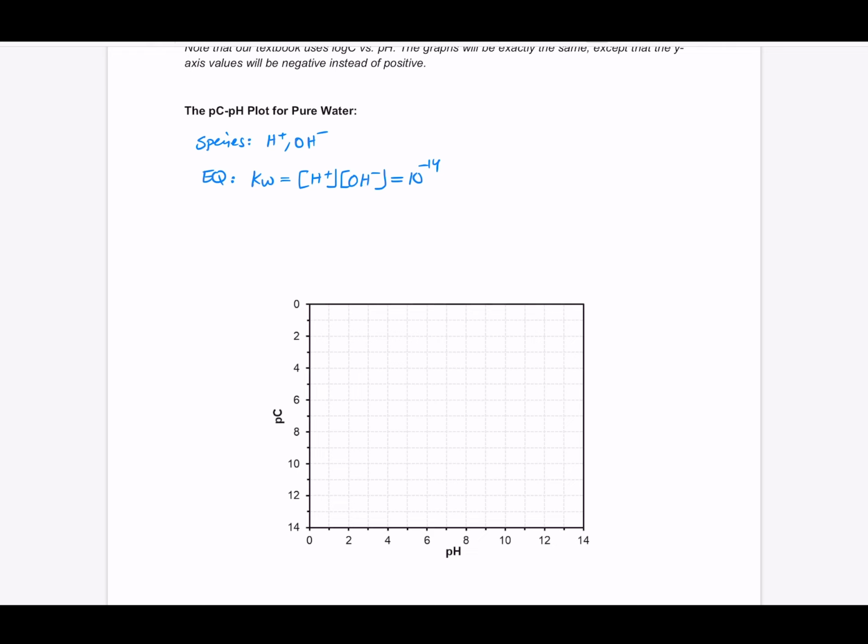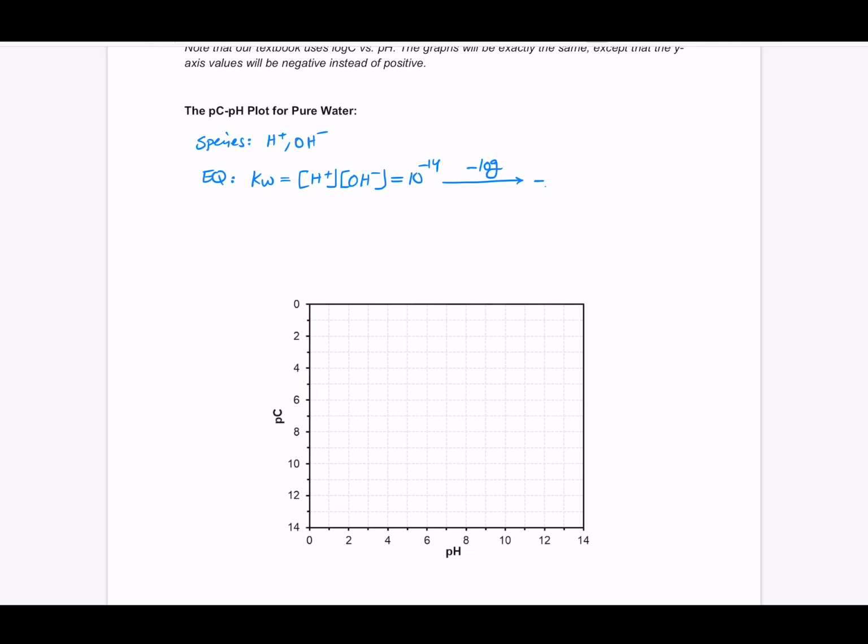Here we have these values not as a function of p, but represented using p. So let's just do minus log of both sides of this equation.